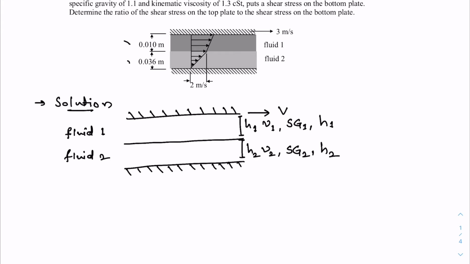and the velocity profile is given. It is linear in both the cases. Well, the velocity here is 0.